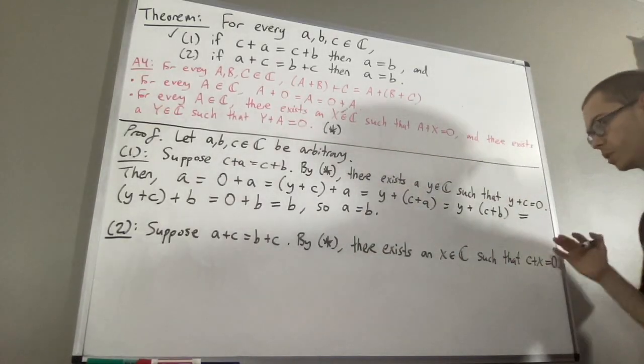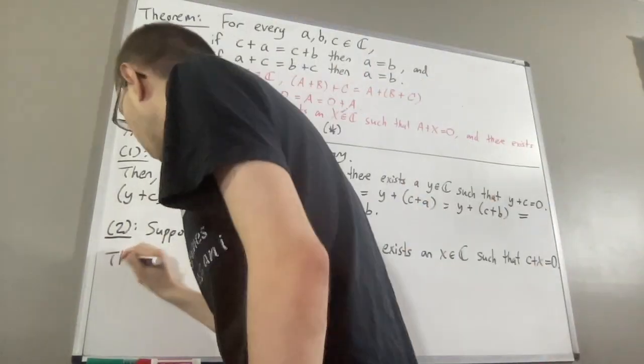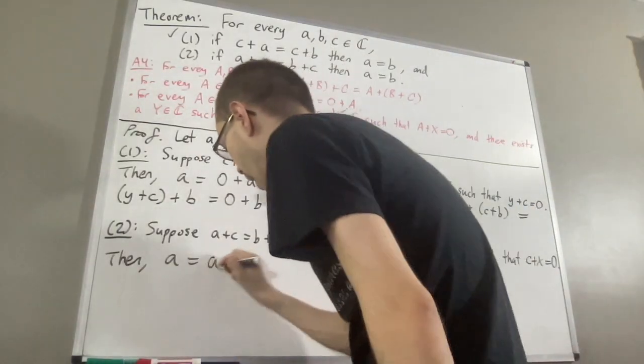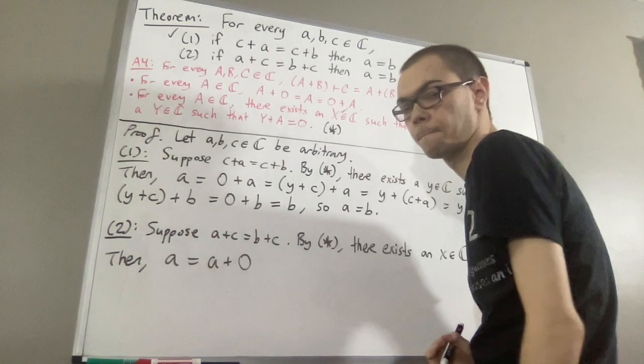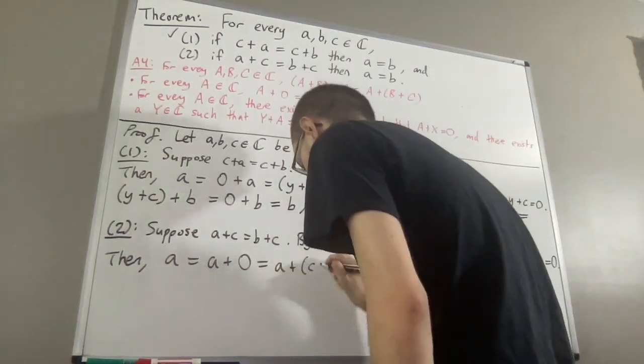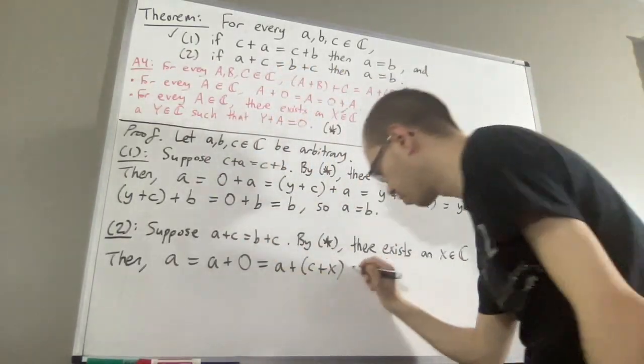And now we are going to establish a long chain of equalities showing that a is equal to b. So, by our second result, we know that a is equal to a plus 0 this time. Well, we're going to replace 0 with c plus x. Then, applying the associative law of addition, we'll move these parentheses around a plus c.